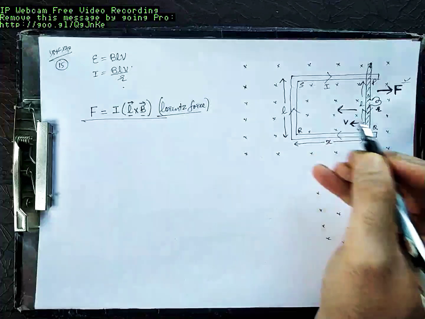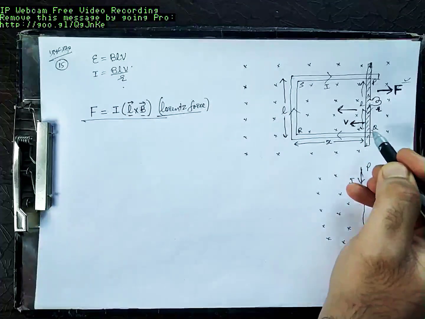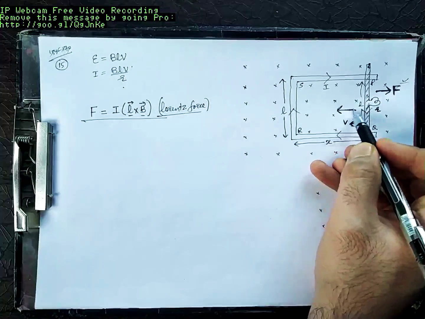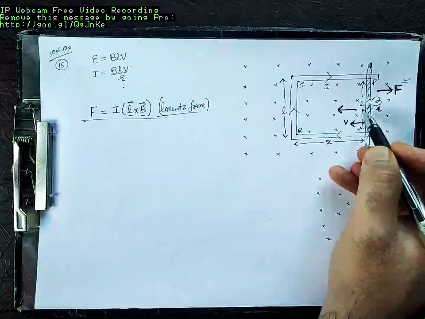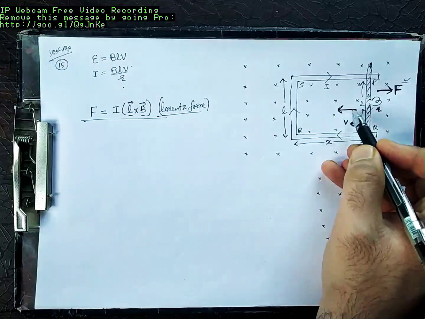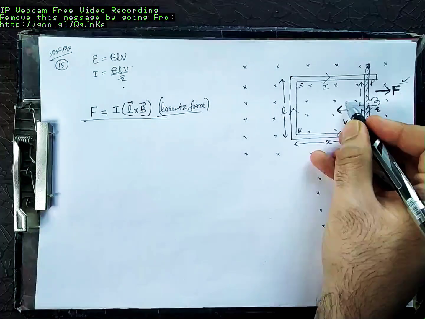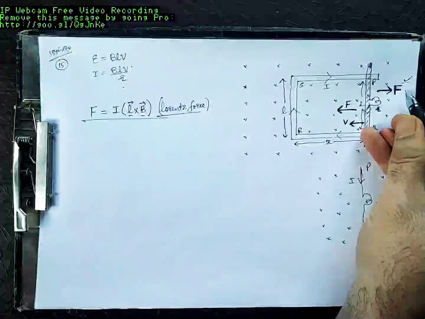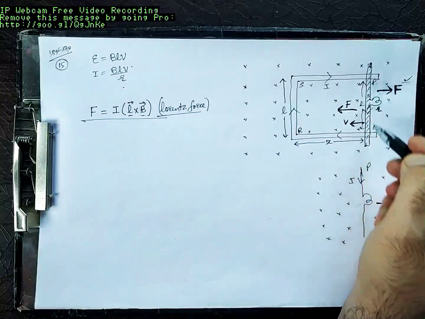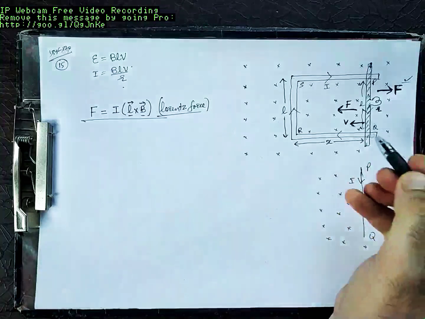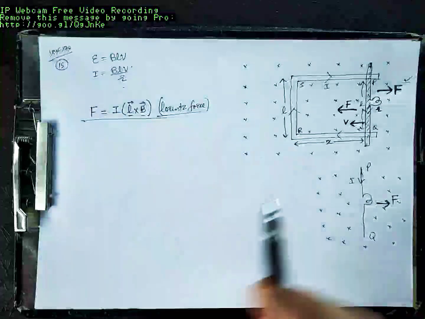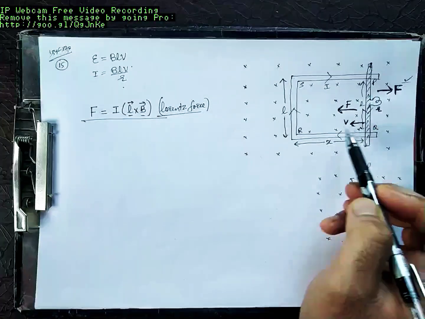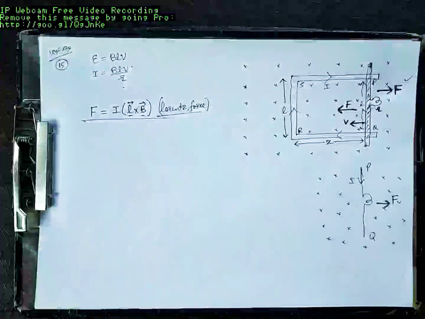And for PQ to move with a constant velocity v, the magnitude of this applied force has to be exactly equal to this Lorentz force F. When my force F is equal to the opposing Lorentz force F, then only can this conductor PQ move with a constant velocity v towards left. The two forces are equal, so the net force is 0. Acceleration of PQ is 0, so it is moving towards left with a constant velocity v.